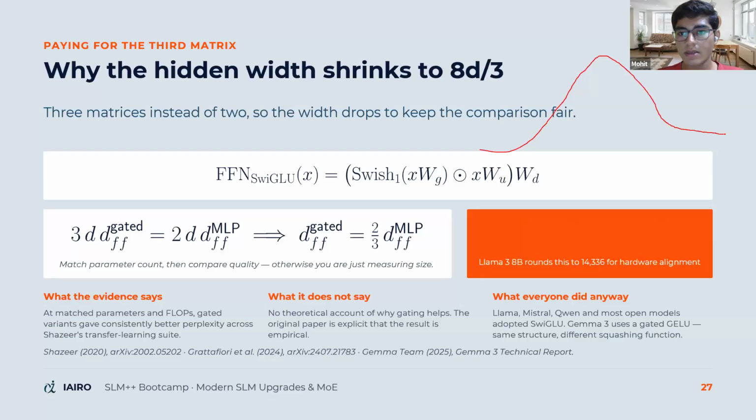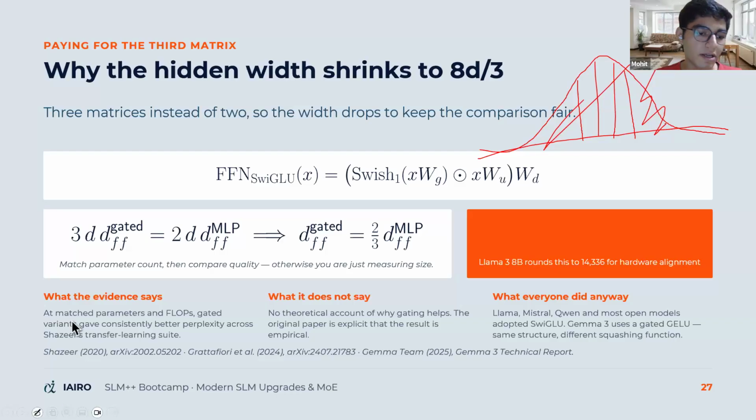This is a Gaussian distribution, and these are the layers of it, right? In GELU, we used to apply GELU to all of the layers, which is not a good way. I'll draw it for now.